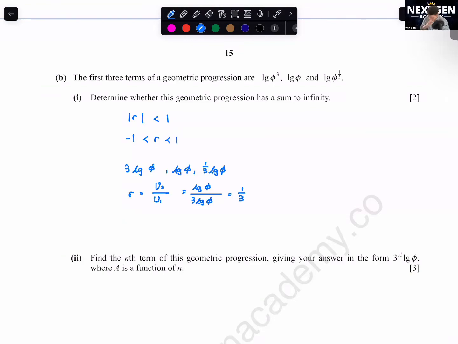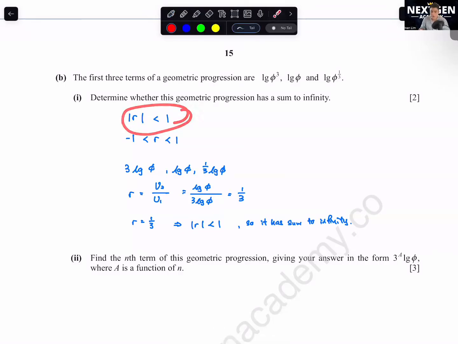So you can just write here, r is equal to 1 over 3, which is in between. Okay, r less than 1, so it has sum to infinity. Main thing is that you all write this. Just write the condition here.